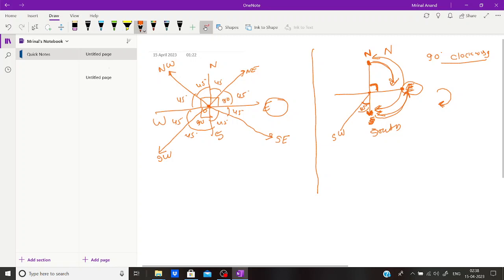That 45-degree clockwise is showing the southward direction. And if someone says to move from this southwest direction 90 degrees clockwise, then where will you reach? You will reach the northwest direction.